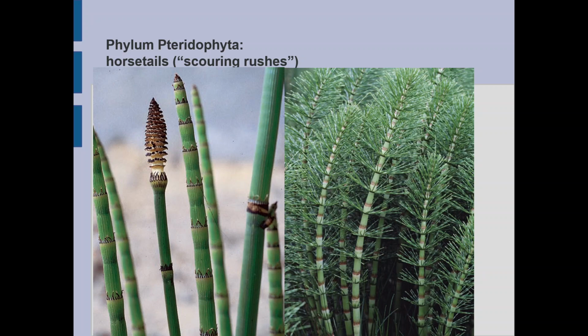The sporophyte and gametophyte are both photosynthetic and nutritionally independent at maturity. Like ferns, horsetails require water as a medium for flagellated sperm cells to swim to their egg.